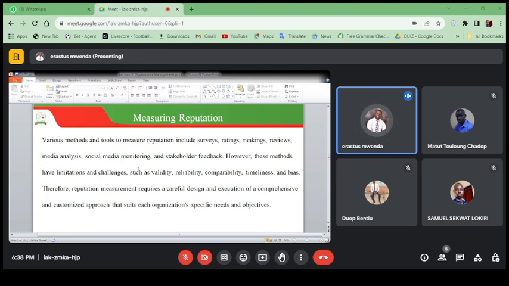We could conduct surveys, ratings, rankings, reviews, media analysis, social media monitoring, stakeholder feedback. There are quite a number of things that we need to do. Some of these things we could also engage outsiders, people that are not part of the organization, because of something mentioned in the second sentence in relation to bias.